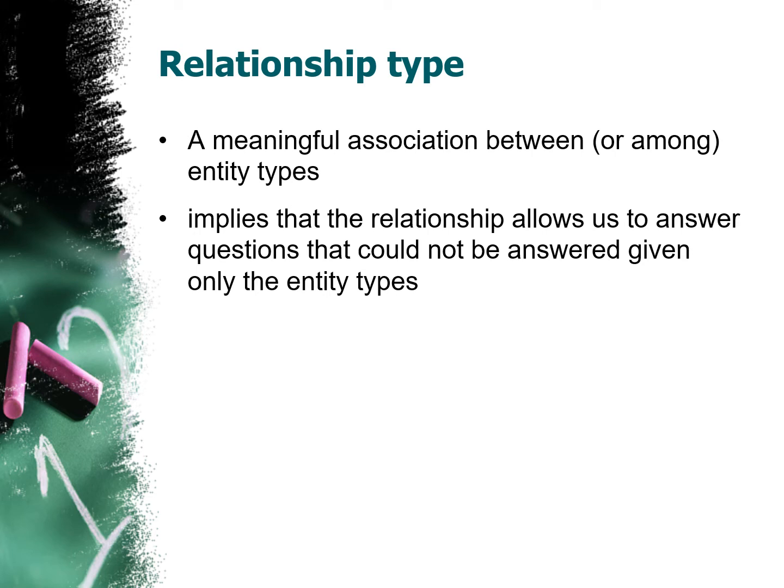This implies that the relationship allows us to answer questions that could not be answered given only the entity types. That's why we have to relate the two of them. As you can see in the previous slide, you are able to relate these two entities because an employee can enroll in a course, and a course can be completed by one or many employees.